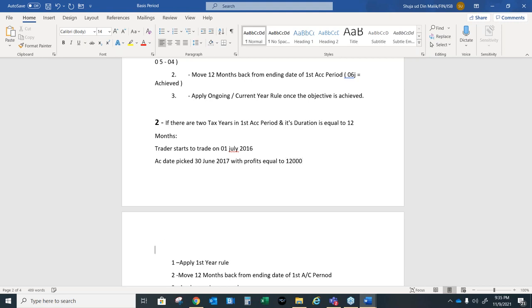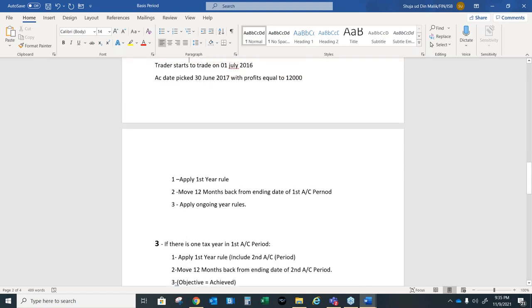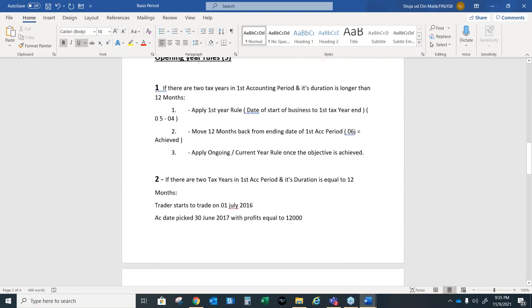Now you could see that I explained we just need two things to correctly sort out the question. Number one was the date of start of business. Number two was the accounting date. So we again have a similar format to do the question.